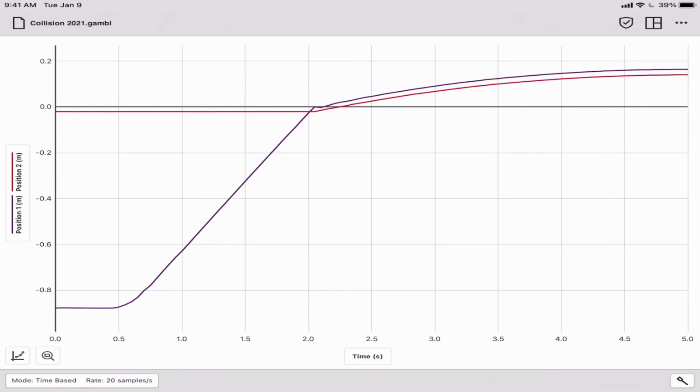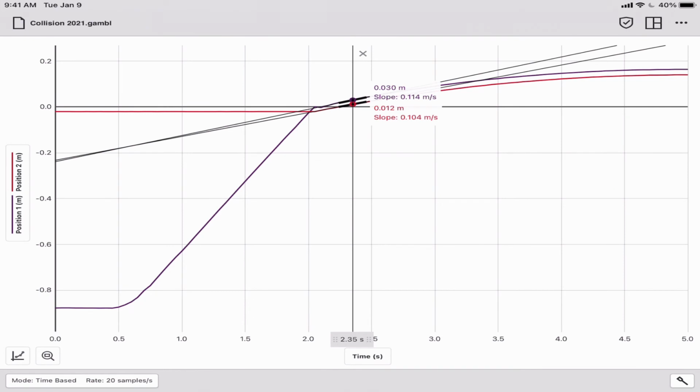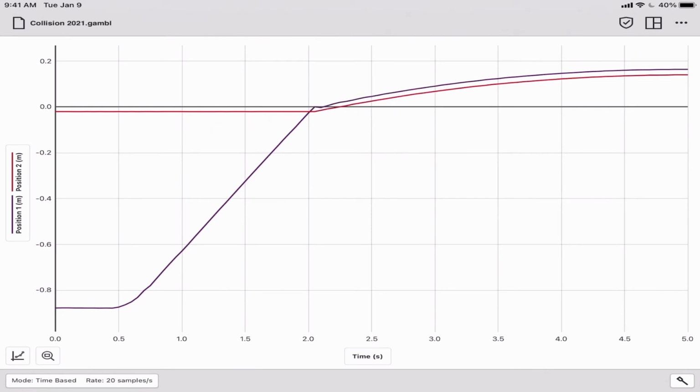But since the purple one was moving and then moved after, I'm going to look at the velocity of the purple one and use that one, and that's going to be my velocity for both of them. As you can see, it does not quite match slope-wise, but I'm going to do that. For the other ones where they're moving separately, I would use both of those numbers, but for the one where they're moving together at the end, I would just choose one of those two numbers.